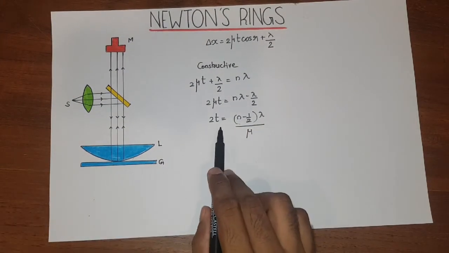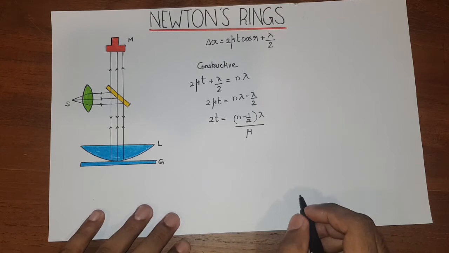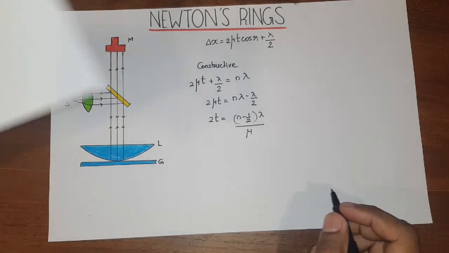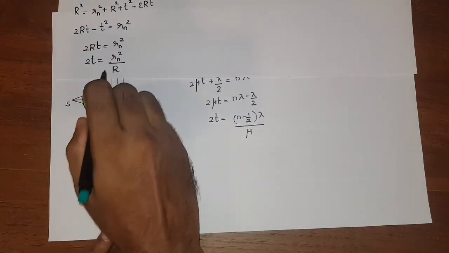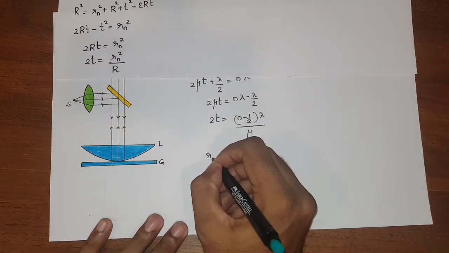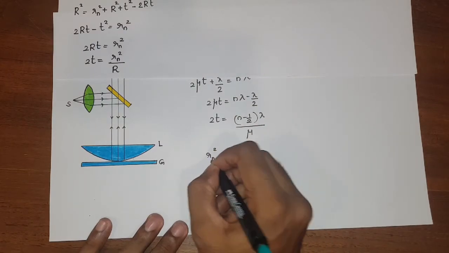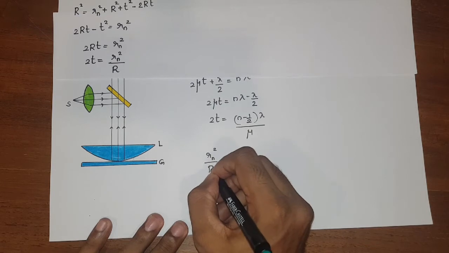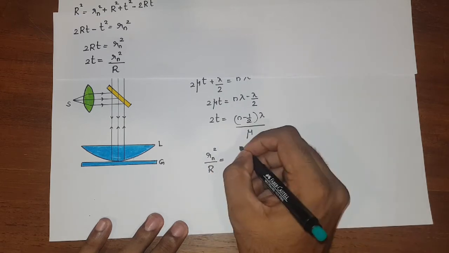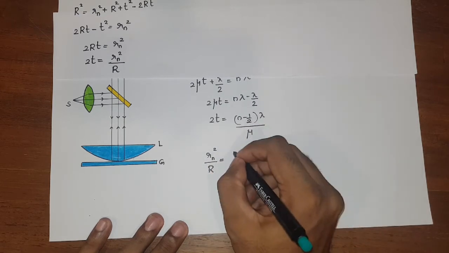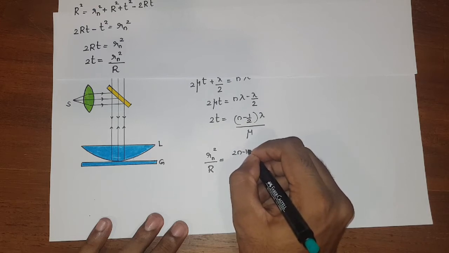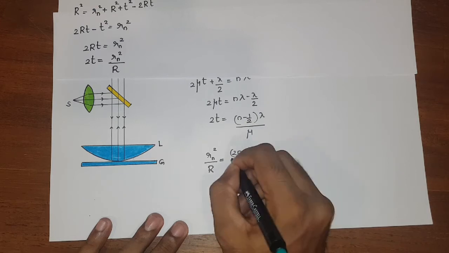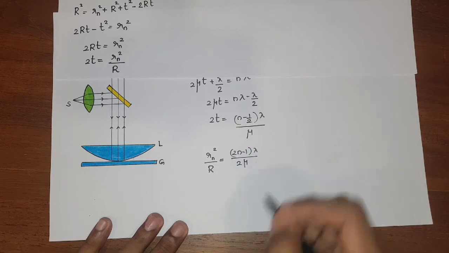So instead of considering the thickness, you can just substitute this value over here. What is 2T? 2T is nothing but radius of the nth ring square divided by the radius of curvature of the lens, which is equal to, I am simplifying this, that is (2n minus 1) into lambda the whole by 2 mu.